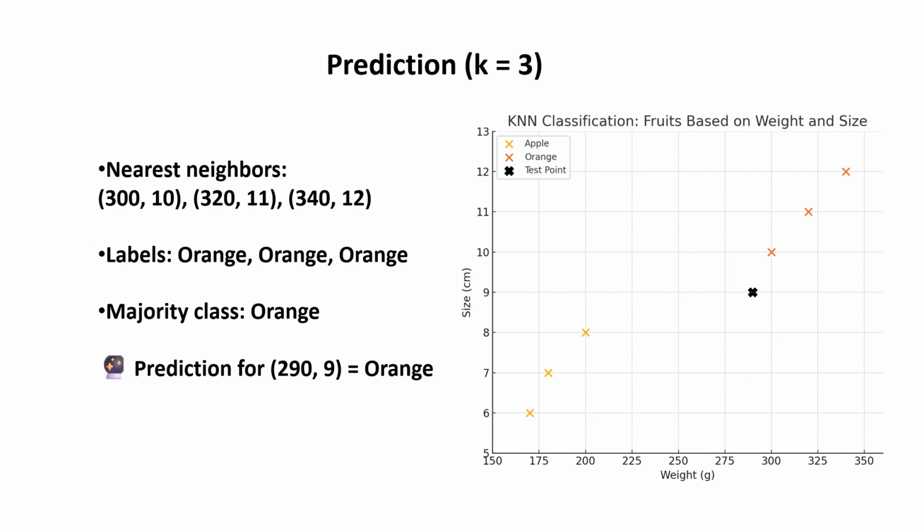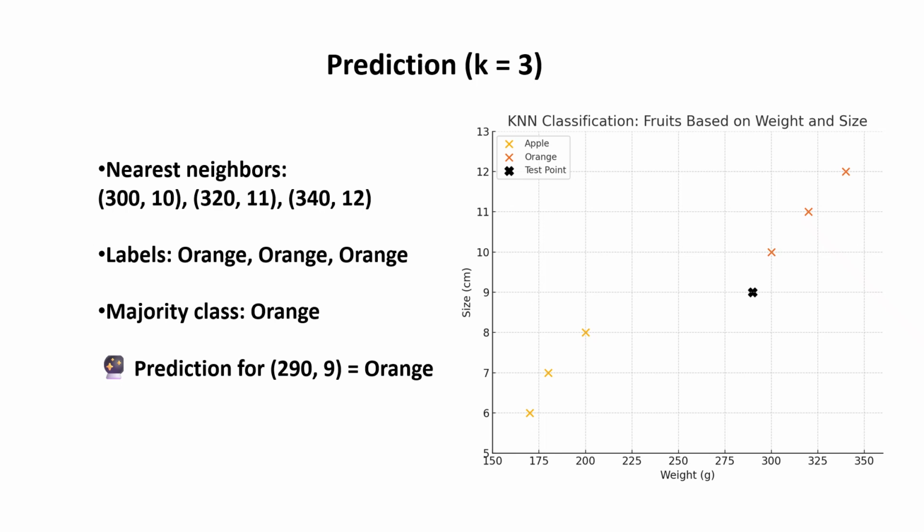If the distance is very small, I collect those values as the points very close to the test data. From the table, 300, 10, 320, 11 and 340, 12 have very small distances, so they are very close to the test point.